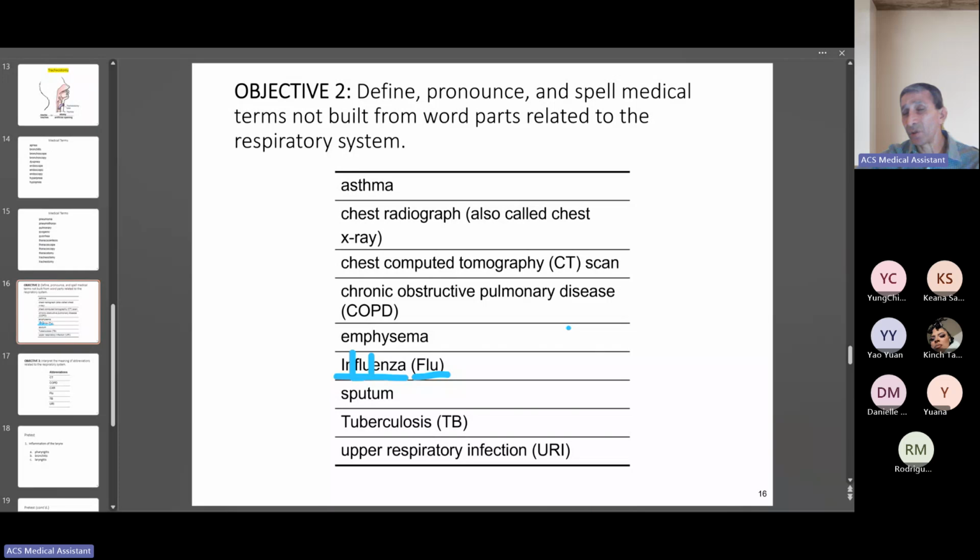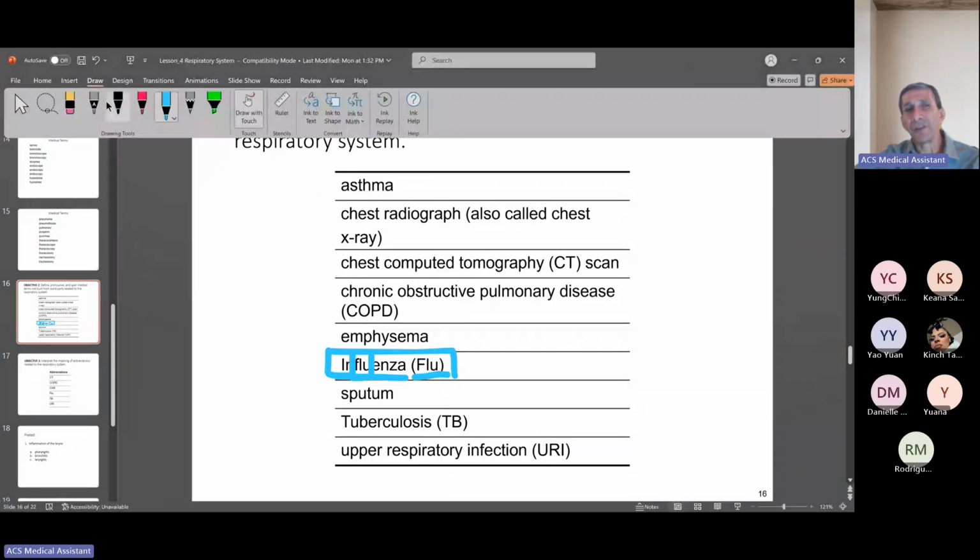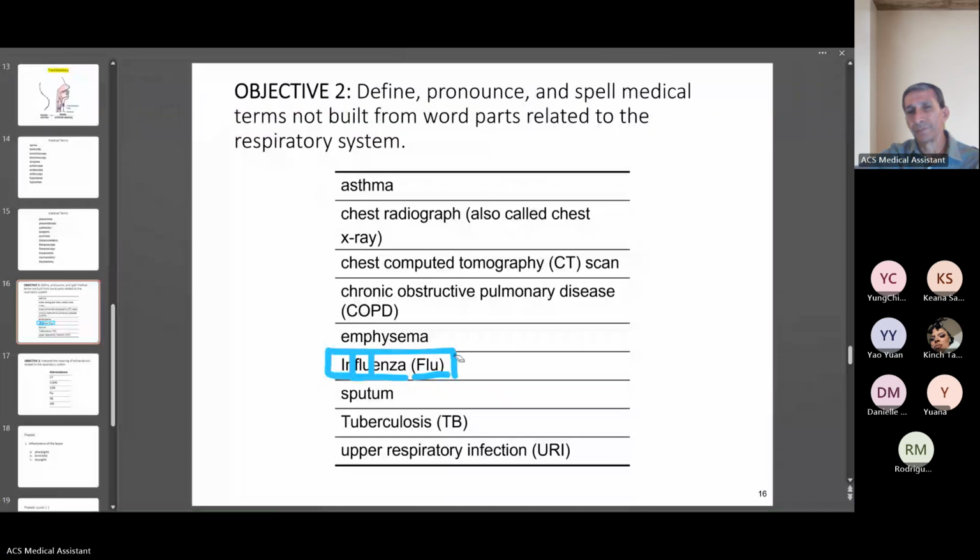So whenever somebody says you have the flu, well, when we record this in the medical records to bill for your conditions, to be reimbursed for the services provided, then we call it influenza. We don't write the flu. Flu is a layman term, if you will. So this is a viral infection, the flu. And influenza, we don't divide it.